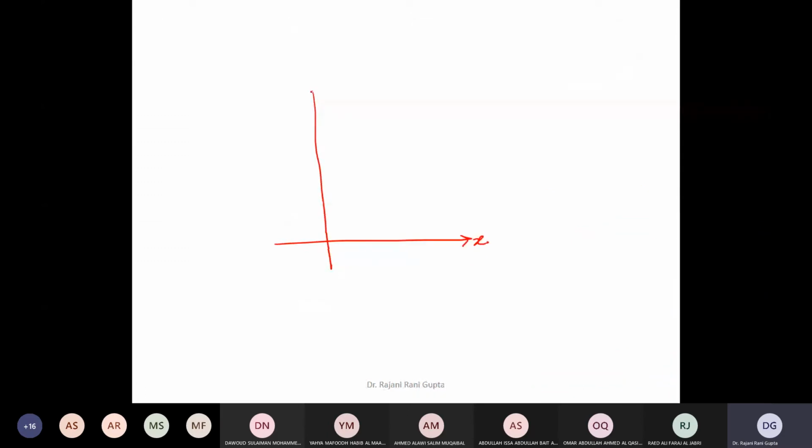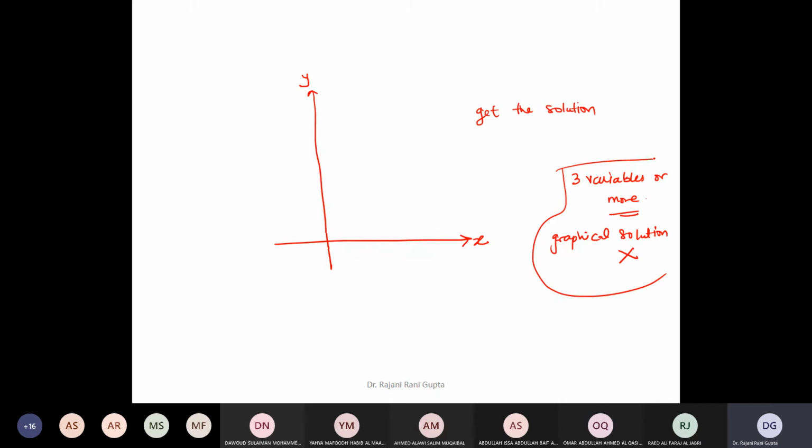But when it comes to 3 variables or more, graphical solution is not possible. It is not suitable for 3 variables or more. So we will use the graphical method only for 2 variables.